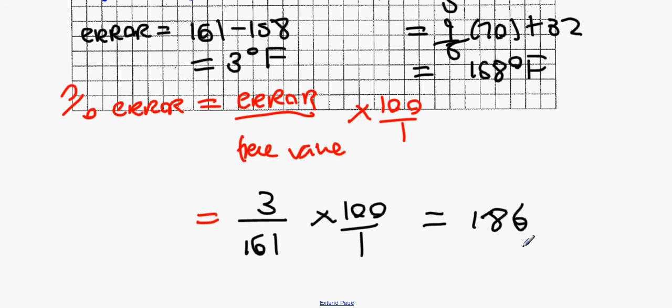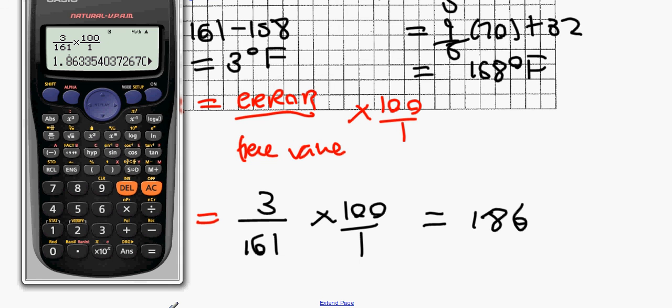Now we're just going to double check this. The true value was 161. So it's going to be 3 divided by 161. So it is 158, multiplied by 70.